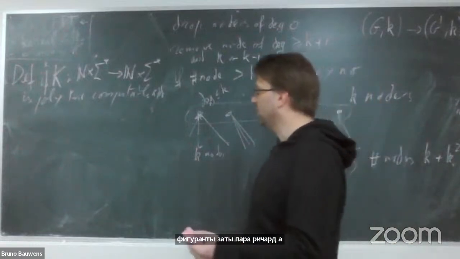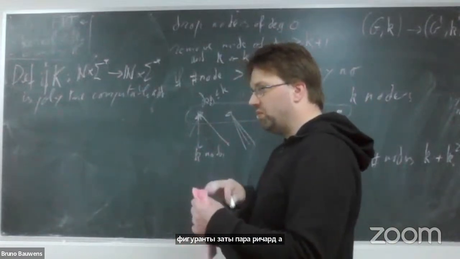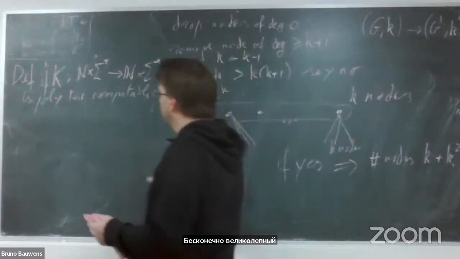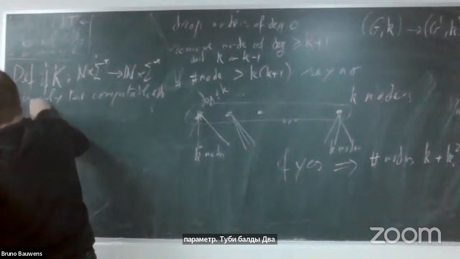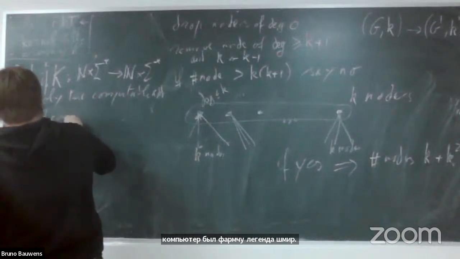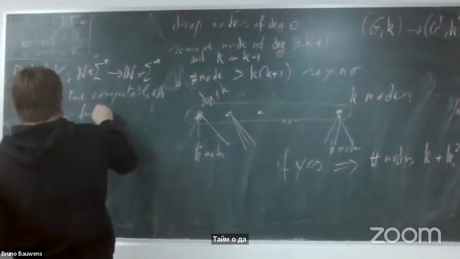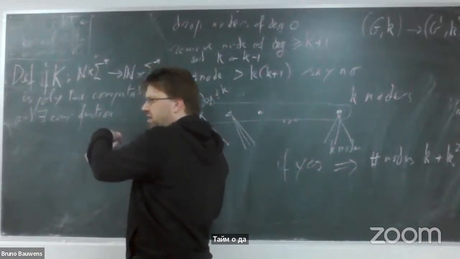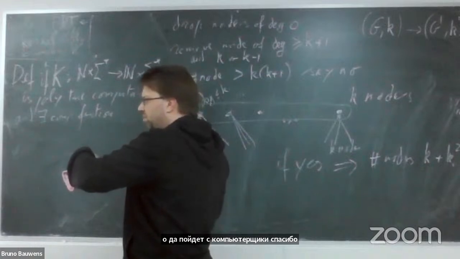There's a formal definition: we require the parameter to be bounded by a computable function. Again, this weird technical thing, but this computable function is almost automatically satisfied, especially in our case where we have part of the input.